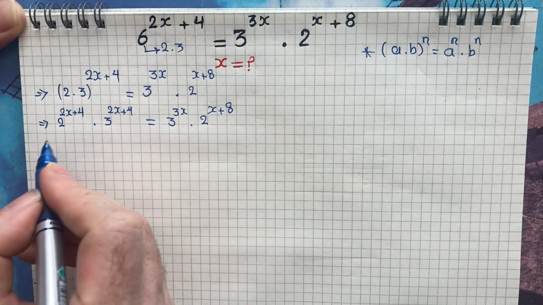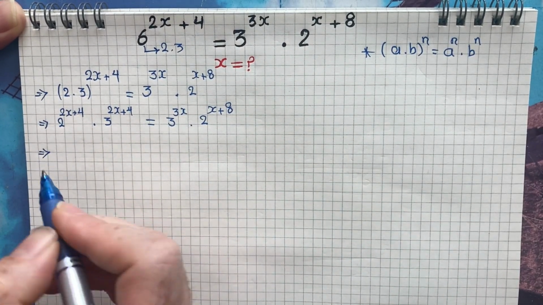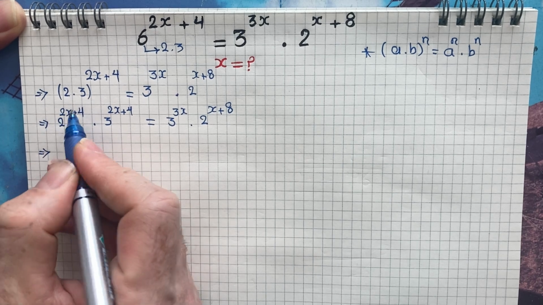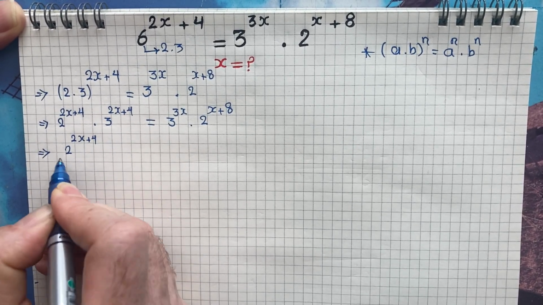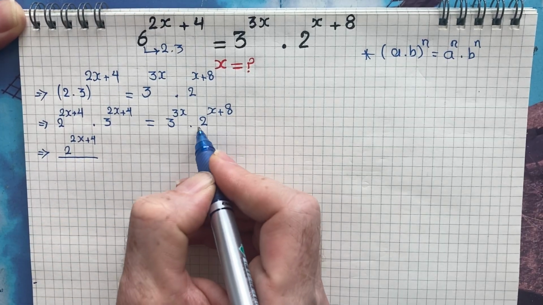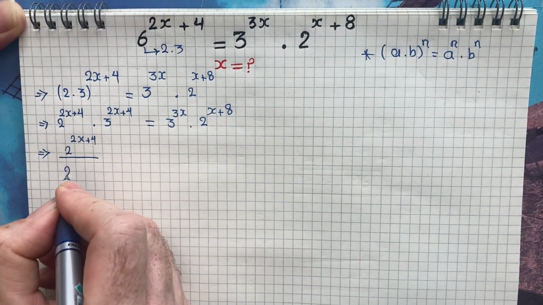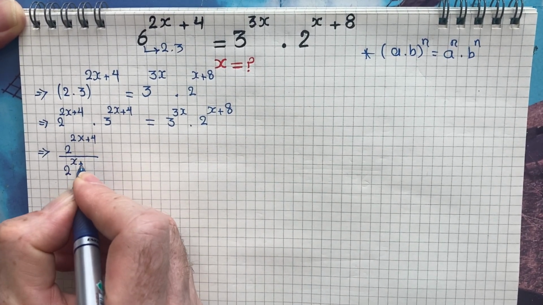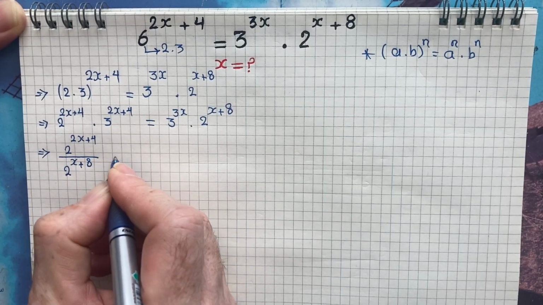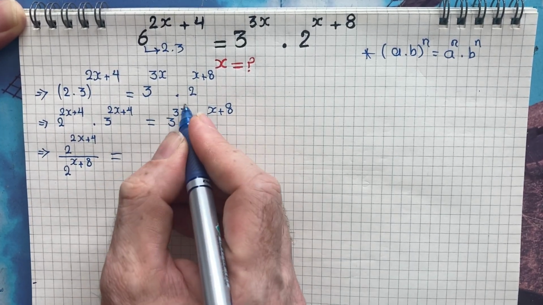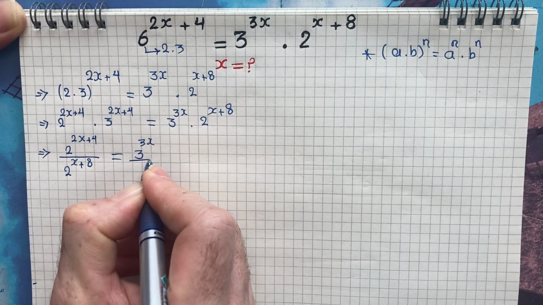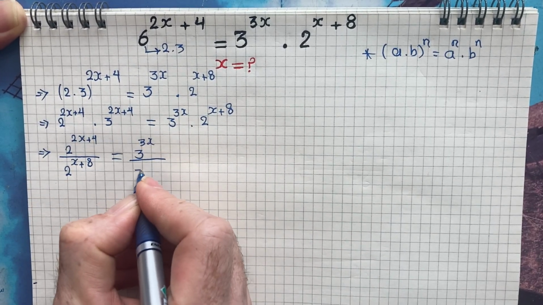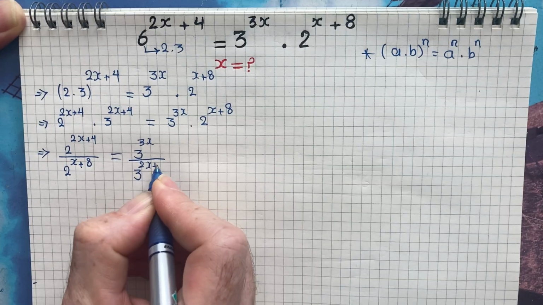Next, it can be written in the form of, look closely, I write 2 raised to 2x plus 4 over, and move this one here, 2 raised to x plus 8. This is left hand side equals, I write this one here, 3 raised to 3x over this one, 3 raised to 2x plus 4.